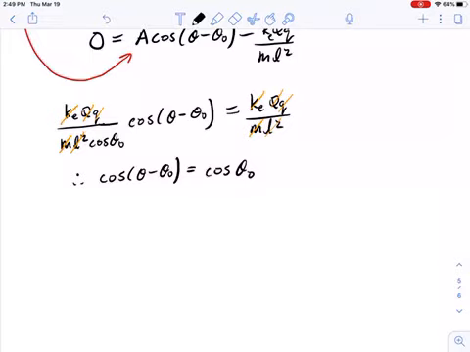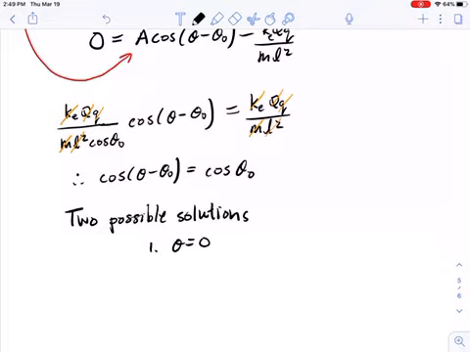There's two possible solutions. One is that theta is equal to 0, which we've already considered.